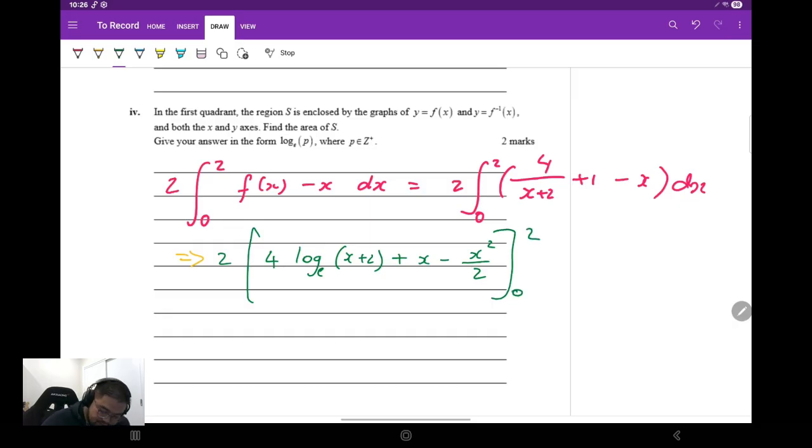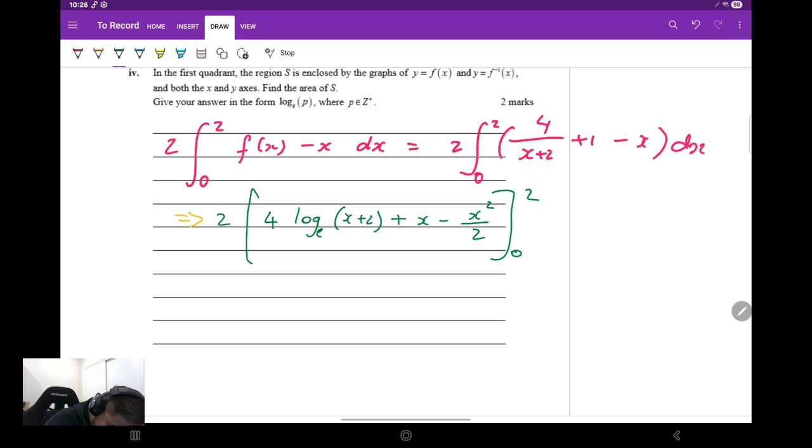And then when we substitute our values in, this becomes 2 brackets 4 log e of (4) plus 2 minus 2 squared on 2, which is 4 on 2, so that means that's 2. These two cancel out, and we're going to subtract that with 4 log 2 plus 0 plus 0.